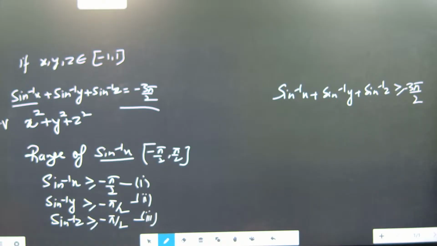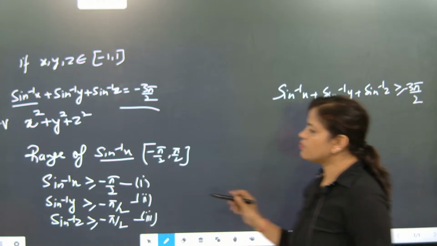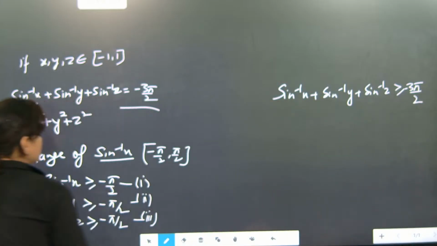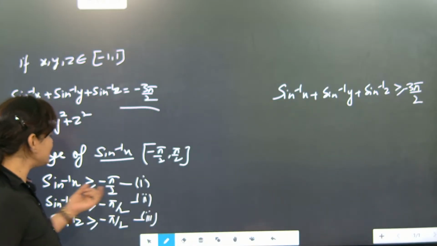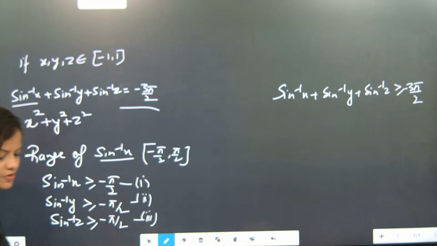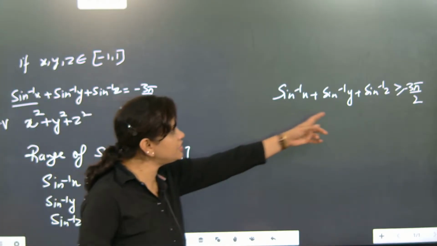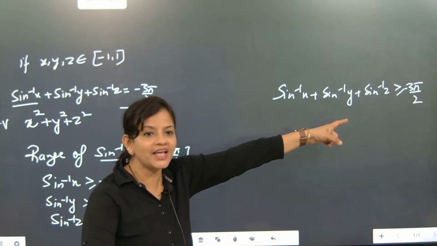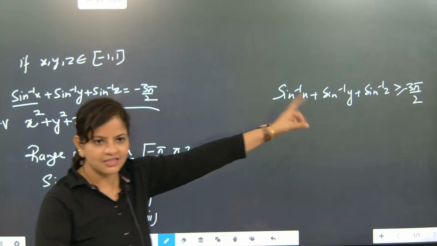Got it? So one thing we have clearly understood here: since each is greater than or equal to minus pi by 2, check this one very carefully. Individually, the sum is coming as greater than or equal to minus 3 pi by 2.